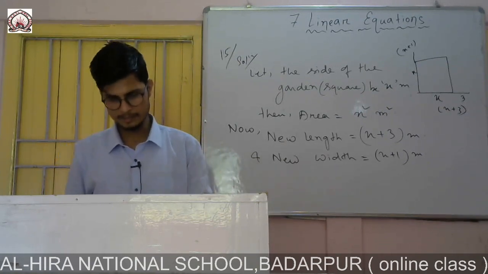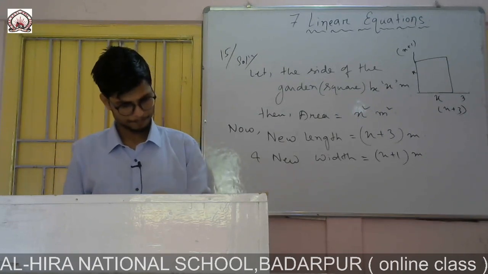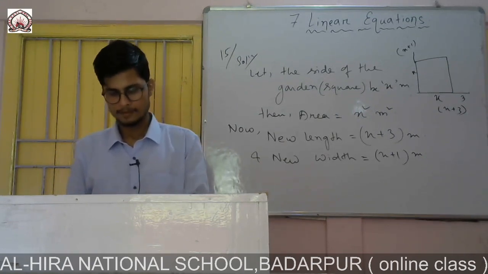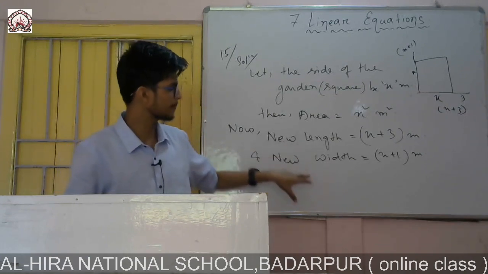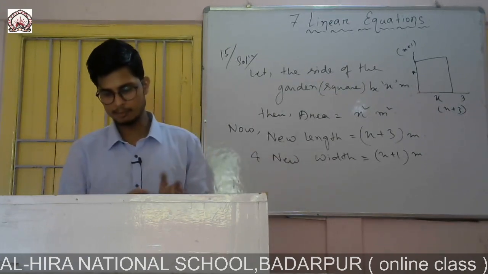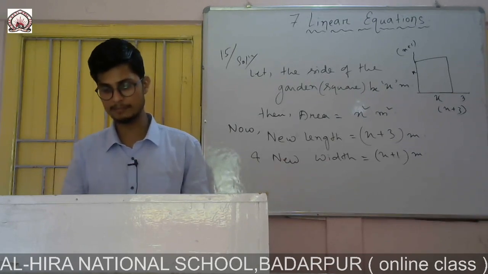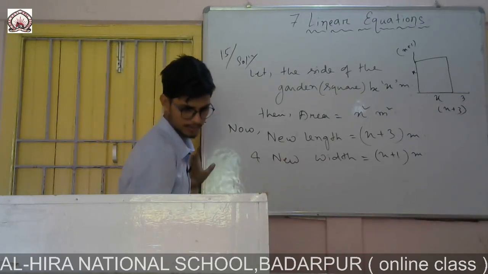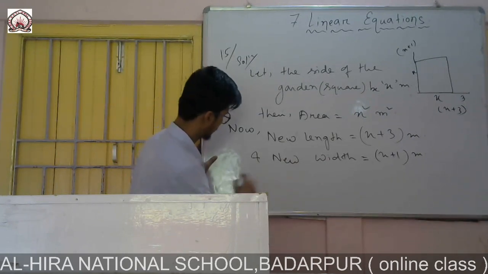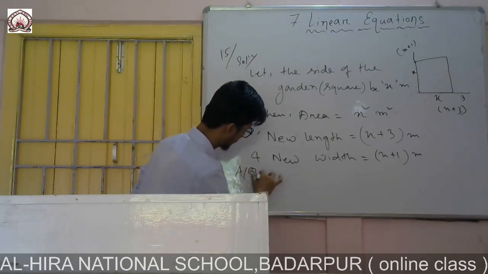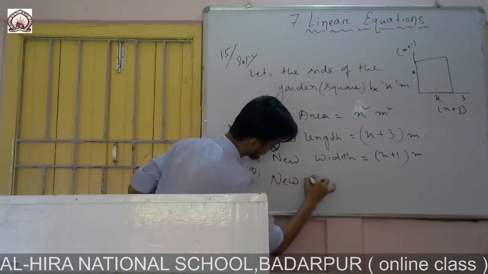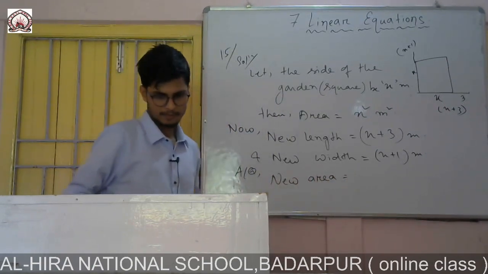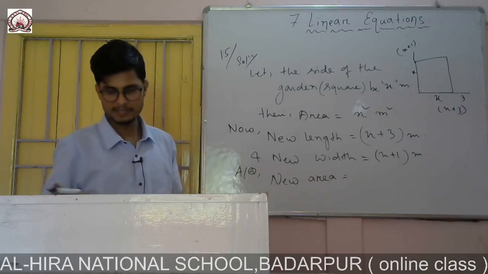It is given that after increasing the length and width, the area that we get will be 19 square meter more than the present. So according to the question, the new area will be the old area plus 19.